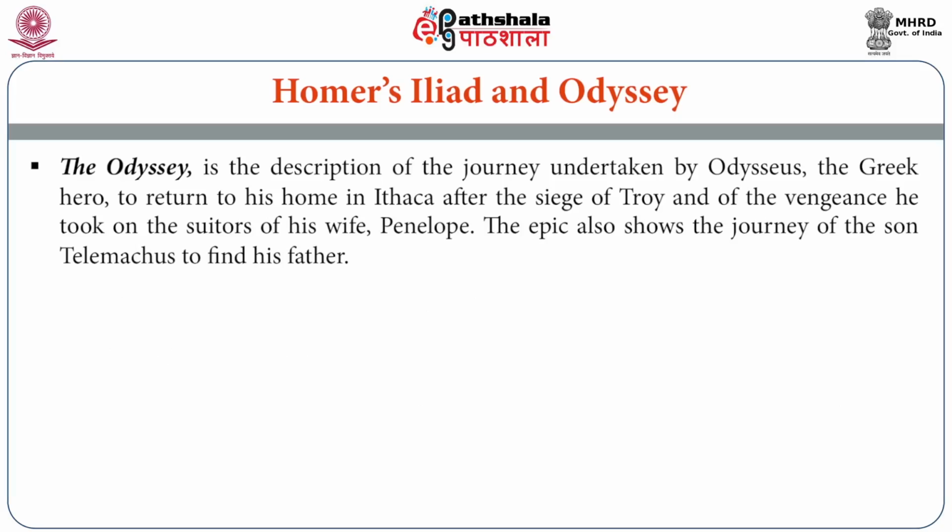The Odyssey is the description of the journey undertaken by Odysseus, the Greek hero, to return to his home in Ithaca, after the siege of Troy and of the vengeance he took on the suitors of his wife Penelope. The epic also shows the journey of the son Telemachus to find his father. The epic is also divided into 24 books. So both Iliad and Odyssey comprise 24 books.